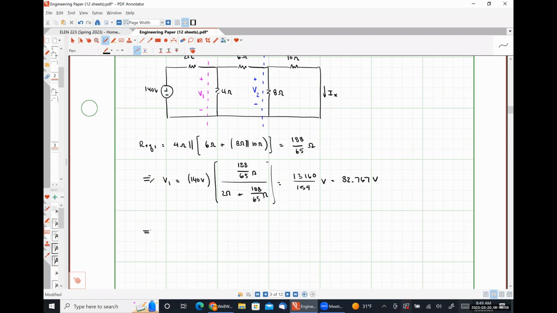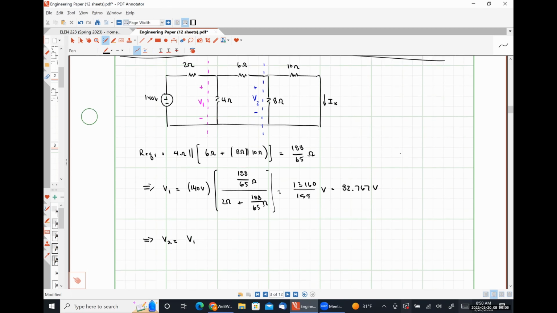Now I'm going to do voltage division a second time. V2 is simply what I have as V1 times 10 ohms in parallel with 8 ohms, over 6 plus 10 in parallel with 8.